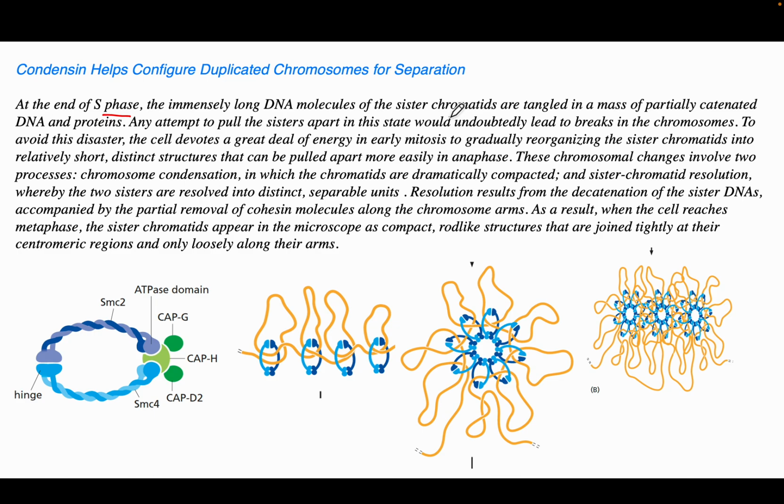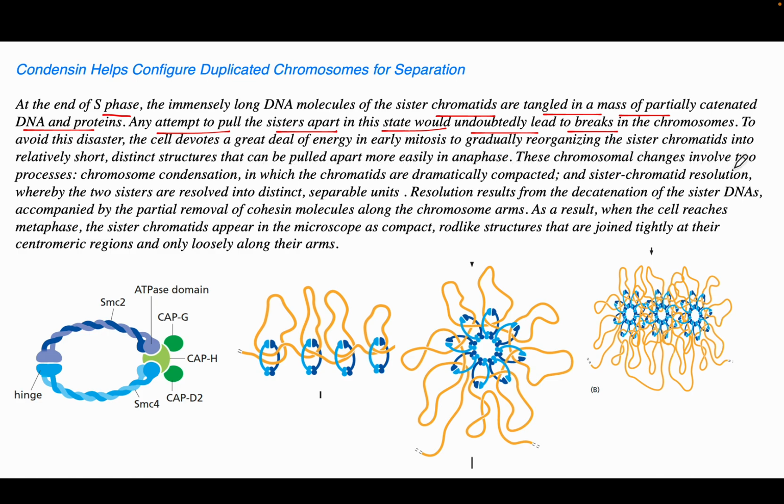These DNA molecules of the sister chromatids are tangled in a mass of partially catenated DNA and proteins. Any attempt to pull the sisters apart in this state would undoubtedly lead to breaks in the chromosomes. To avoid this disaster, the cell devotes a great deal of energy in early mitosis to gradually reorganizing the sister chromatids into relatively short, distinct structures that can be pulled apart more easily in anaphase.